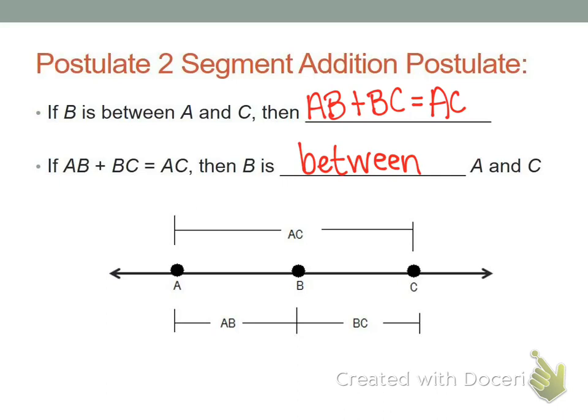If I put the bar over them, I'm talking about the figure or the object of a line segment. So right now, AB, BC, and AC just represent numbers, and that's why we write them in an equation. If it had the bars over the top of them, we would be talking about objects or figures, pictures, and pictures do not usually get put into an equation. So I know it's a little bit picky how we talk about it.